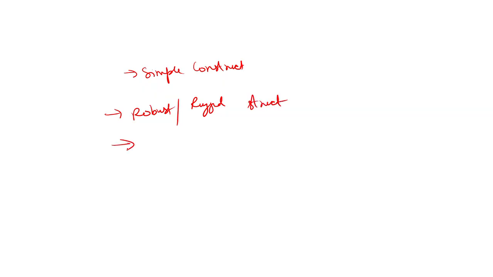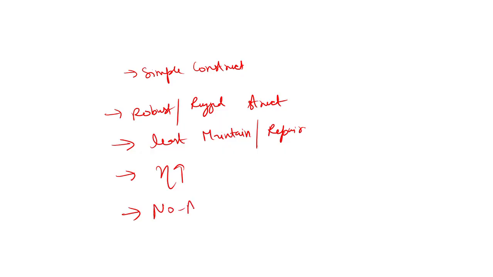Third one is least maintenance and repair cost, good efficiency, no armature reaction, just like we have in DC machines, and no commutation issue. The last one is that controlling is easy. Control of the induction machine is easy.